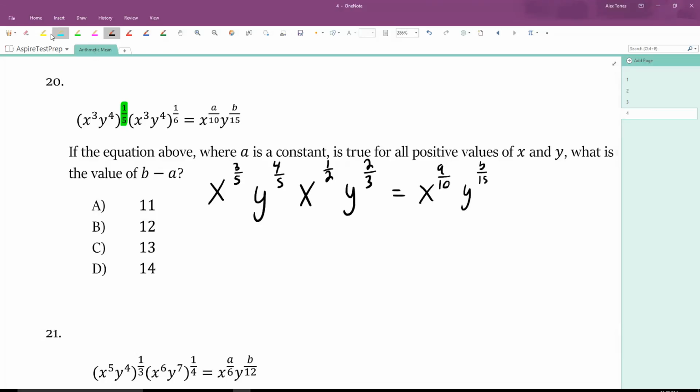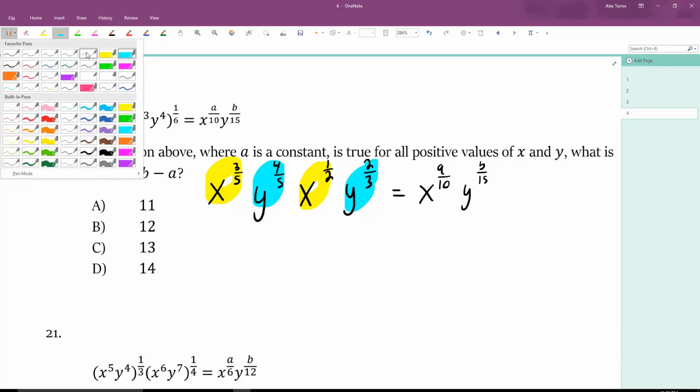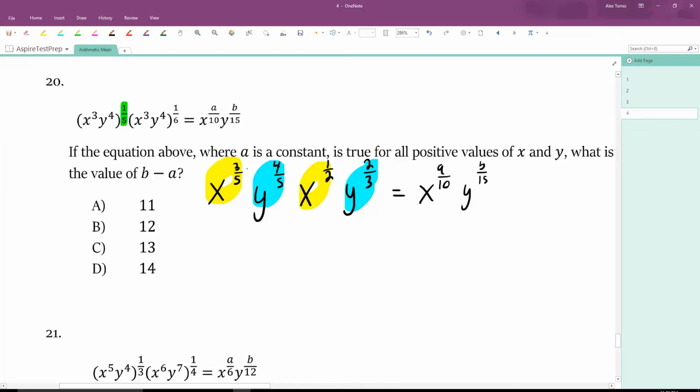And we need to combine these x's as well as these y's. So we're going to need a common denominator. We can go ahead and multiply the 3/5 and 1/2 by opposite numbers. So the 3/5 by 2/2 and the 1/2 by 5/5.